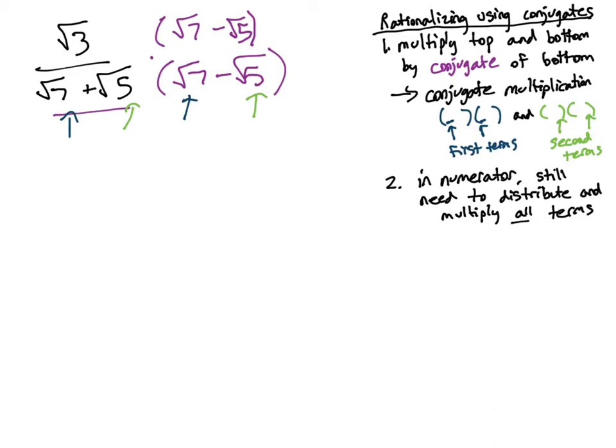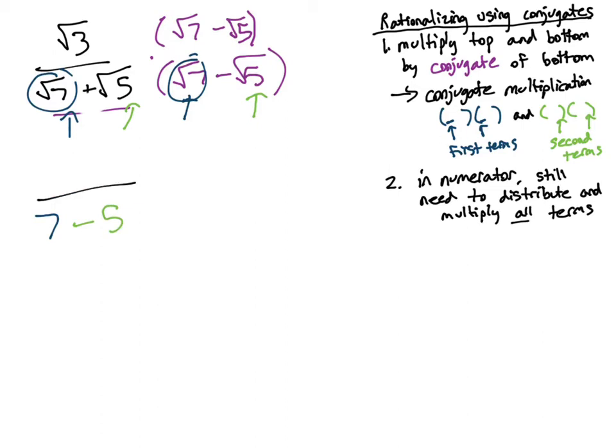So when we're multiplying a square root times itself, that square root cancels out and we're just left with the number. So square root of 7 times square root of 7 gives us 7. And square root of 5 times square root of 5 is 5, but since we have a positive times a negative, that will give us the negative 5 in our denominator.